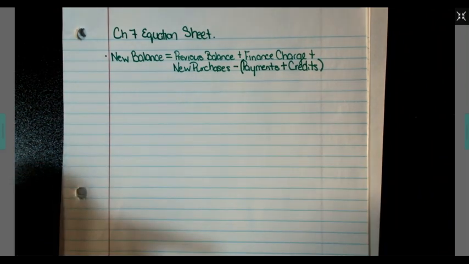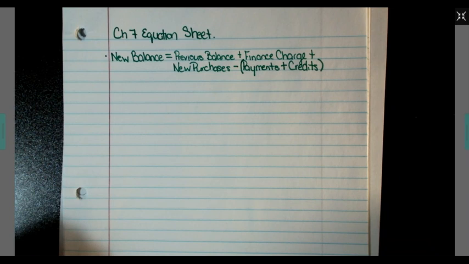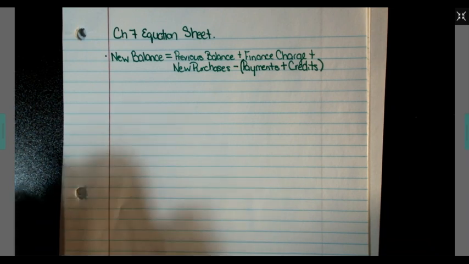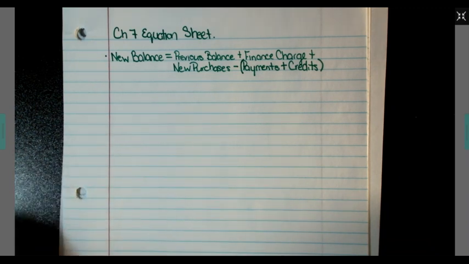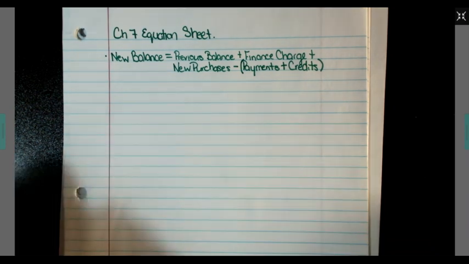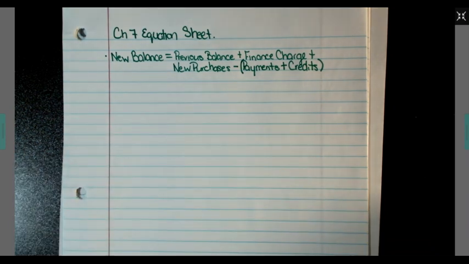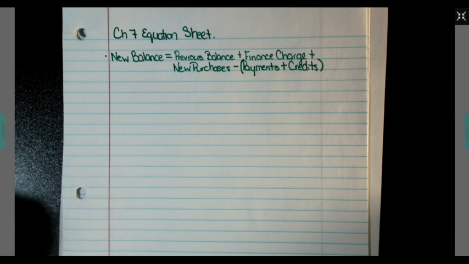Now, let's talk about this. This doesn't look like what we've been doing because usually we add, we subtract our purchases and we add our payments and things we're getting paid. But in this unit, we're talking about credit cards. What we are charging.